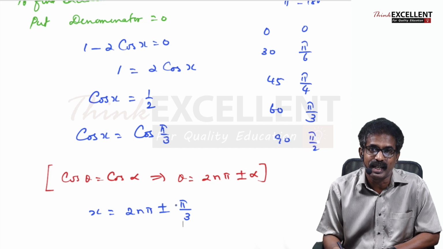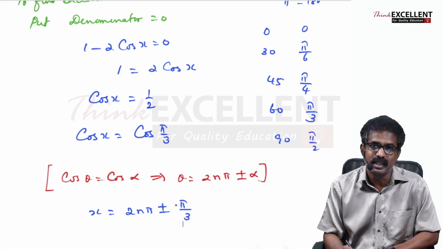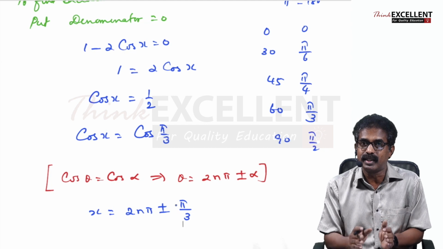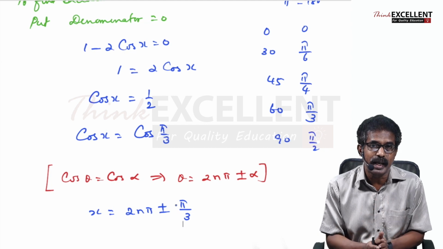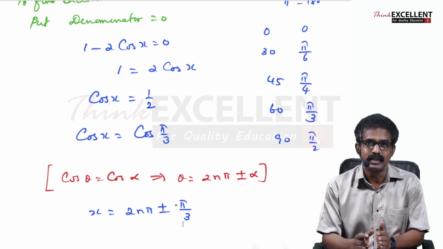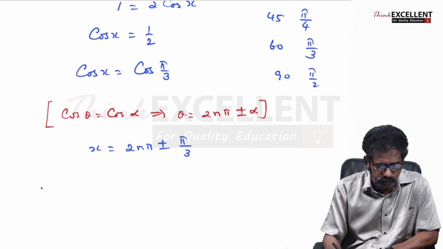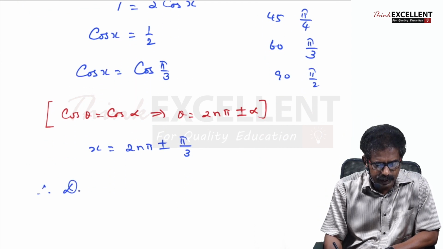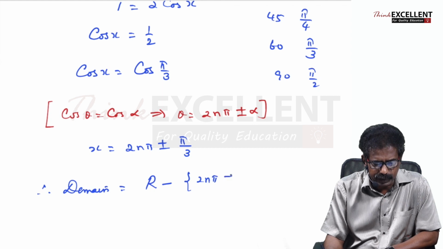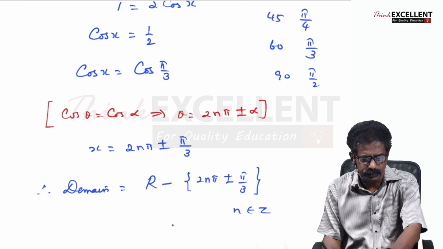This is not your final answer. This is the excluded value, right? We put the denominator 0 and got this result. When you write the domain, it is R minus this value, so this value has to be excluded. Therefore domain equal to R minus 2n pi plus or minus pi by 3, where n belongs to Z, the set of integers.